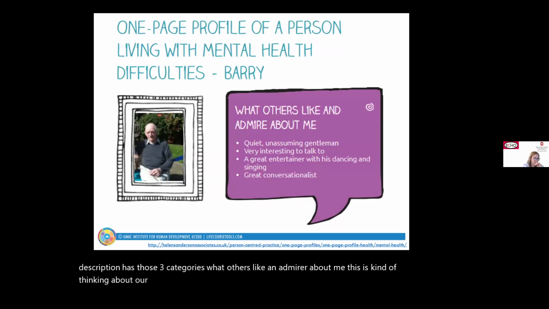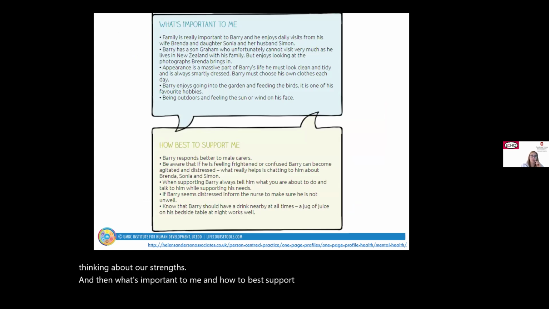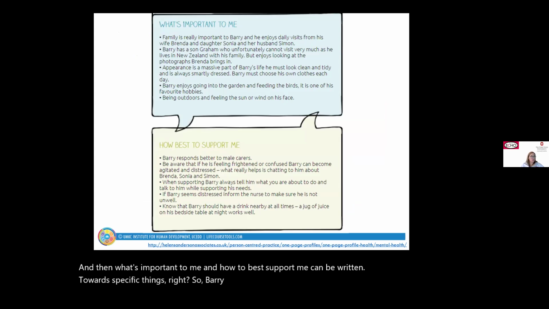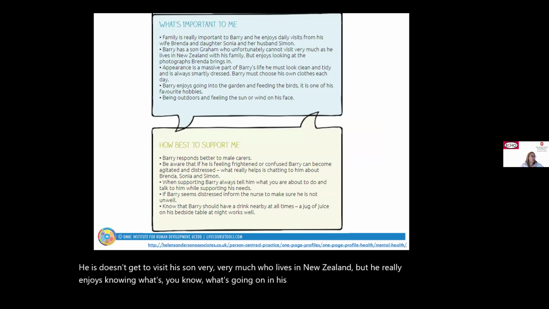And then what's important to me and how to best support me can be written towards specific things, right? So Barry says family is important to him. He doesn't get to visit his son very much, who lives in New Zealand, but he really enjoys knowing what's going on in his life.